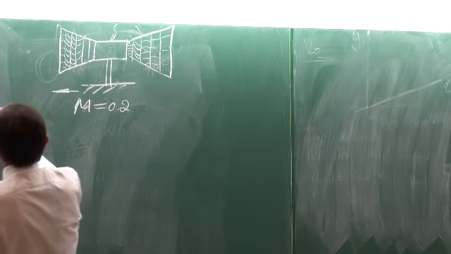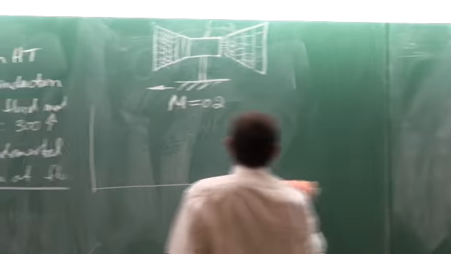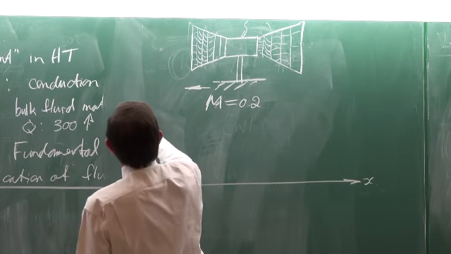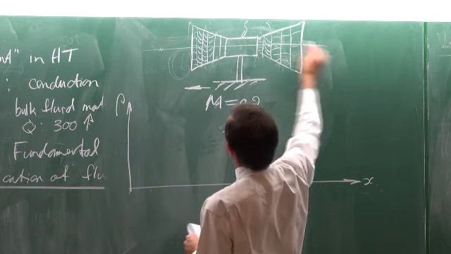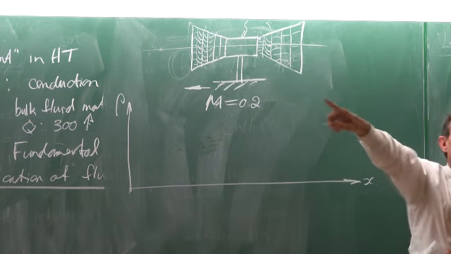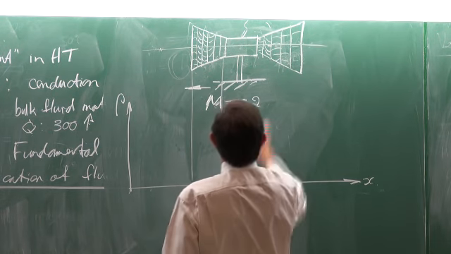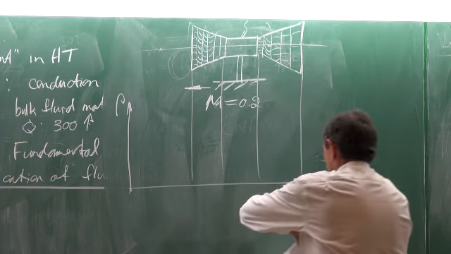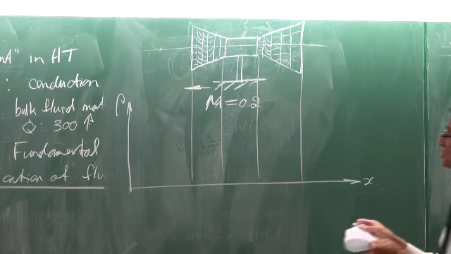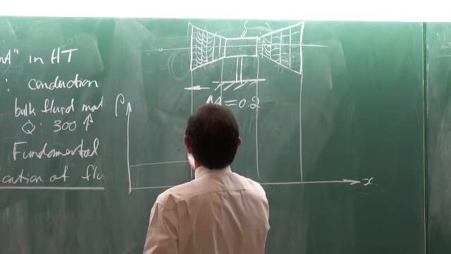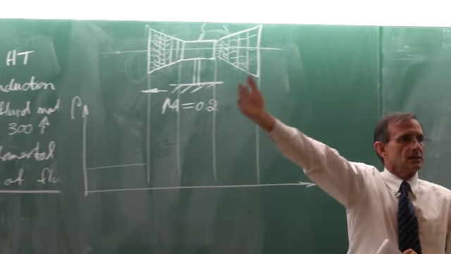Now let's look at the density typically through this. What will happen with the density? So if this is now the air coming in, going through the gas turbine, what will happen with it? Firstly, in this region here, it would be the outside density.